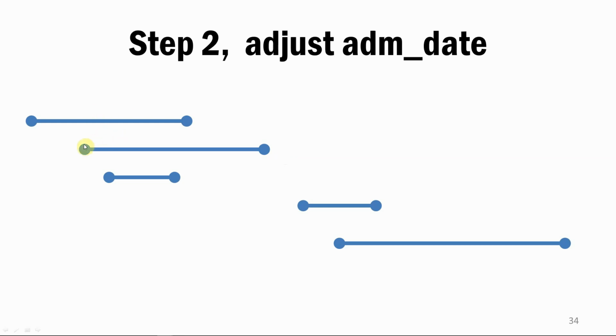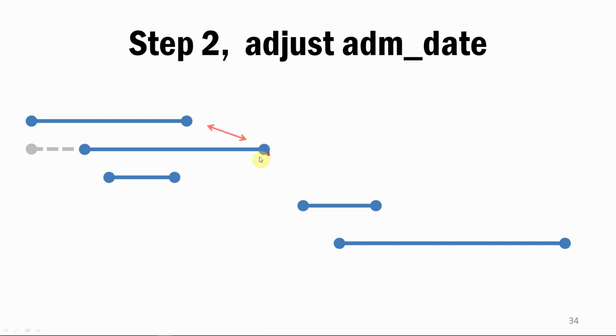So if this admission date is earlier than this, then I'm going to use the remembered admission date, right? Now I'm going to check this discharge date. If the discharge date is later than this one, then I'm going to remember that, and I'm going to change the remembered, revised or retained discharge date to this value.